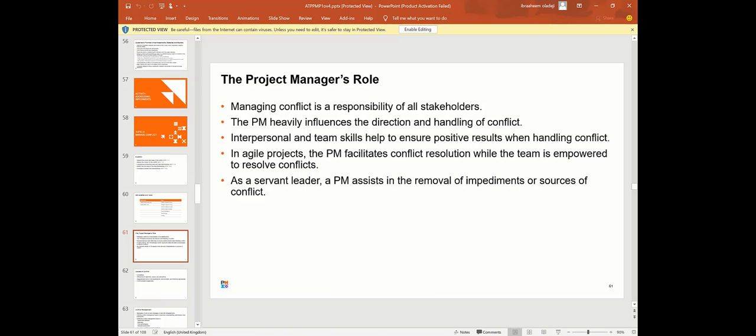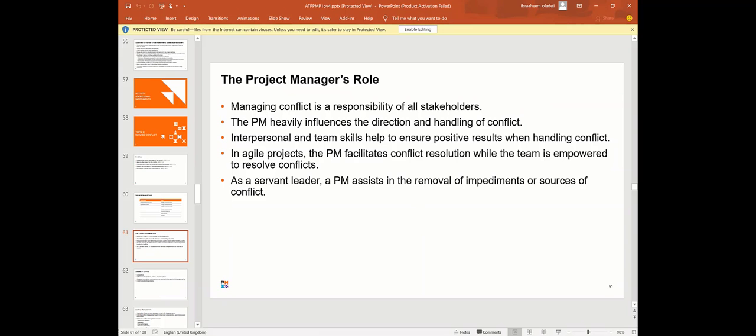But as much as everybody plays that role, if the question includes the word primary, then you're talking of a project manager. But if it doesn't include primarily, if it is more generic, then you are talking more of the generic responsibility of everybody in getting this done.